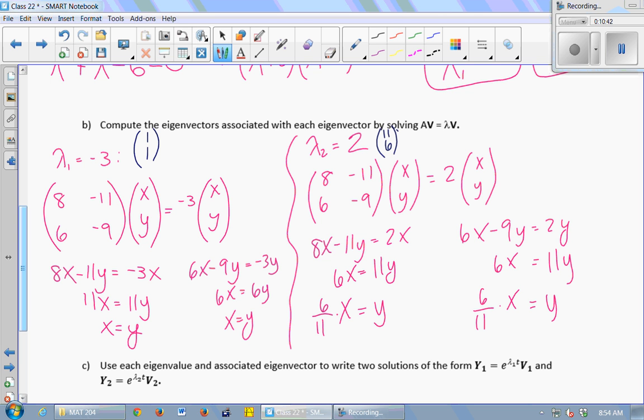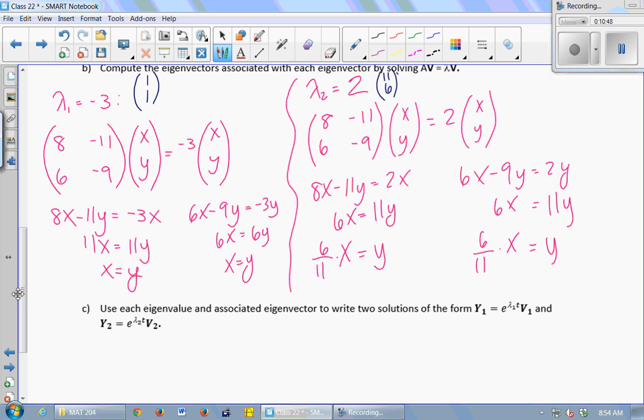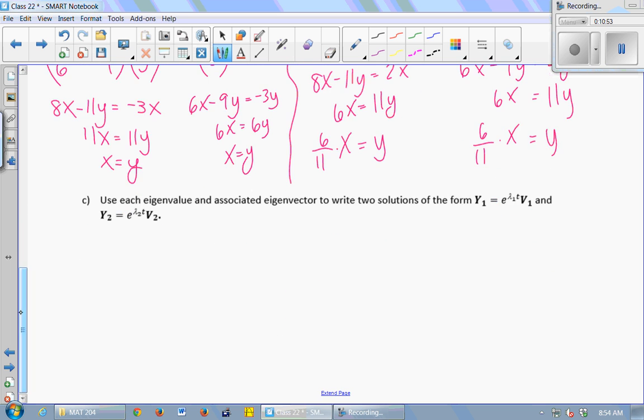Okay, so I have eigenvalues and eigenvectors, 2 each, which means that I can write down 2 particular solutions to my system of ODEs. Each particular solution has the form e to the lambda t times v, and because I have 2 lambdas with 2 v's, I can write 2 of these down.